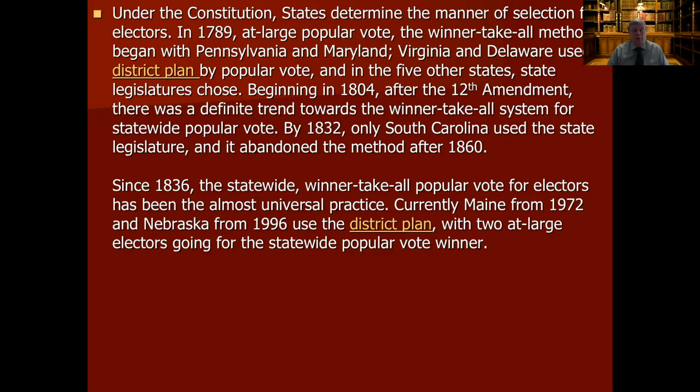What he proposed was that each state be divided into districts based on their population, and each state would get 2 at-large electors, and the winners in the representational districts would each have an elector, and to that elector from each district in the state, you would add the 2 for the senators.